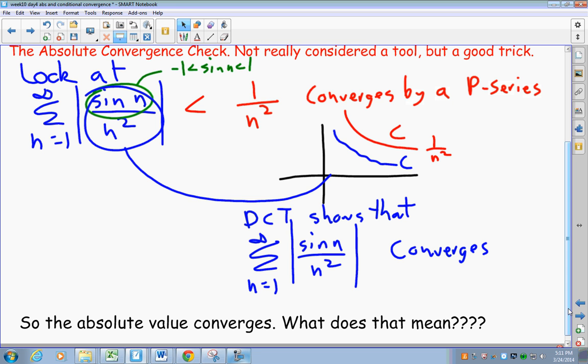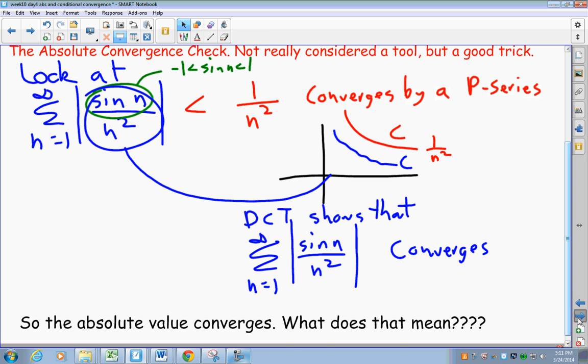But that's not what the original question asked. The original question asked for that thing without the absolute value. So we're kind of left at this part where I want to know what the original guy is. Does he converge or not? But I have so far told you that the absolute value dude does converge.